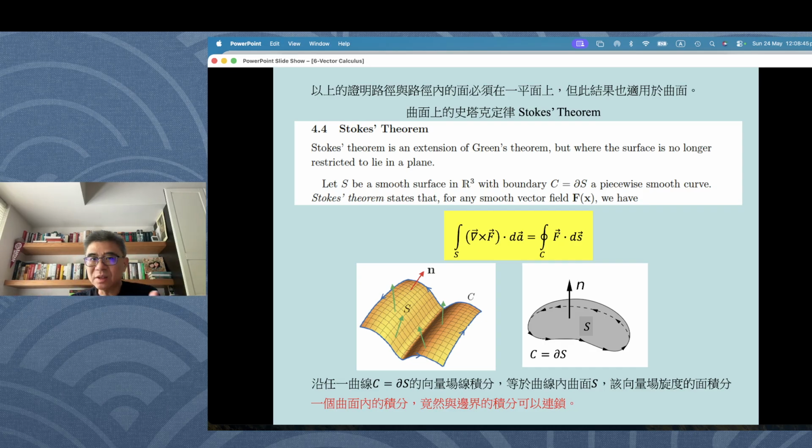So again, it's very similar to Gauss's theorem. In advanced mathematics, actually the two theorems can be combined into just one theorem. In other words, they are only two aspects of one single theorem.